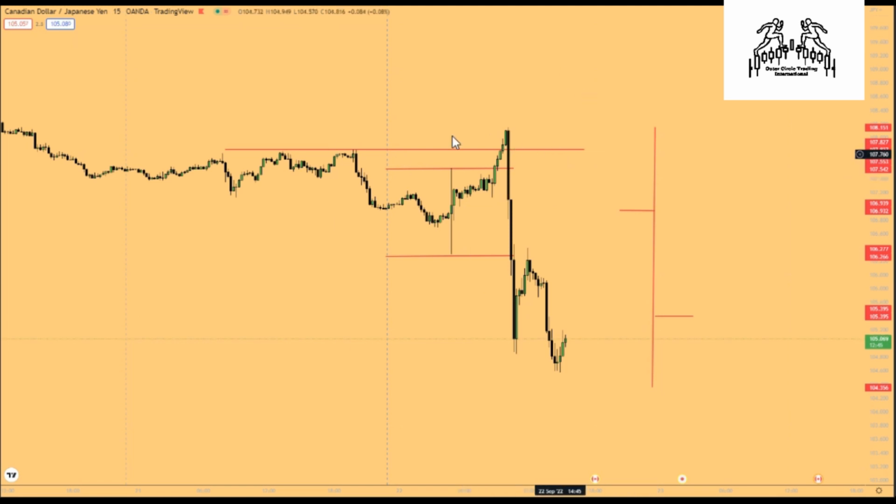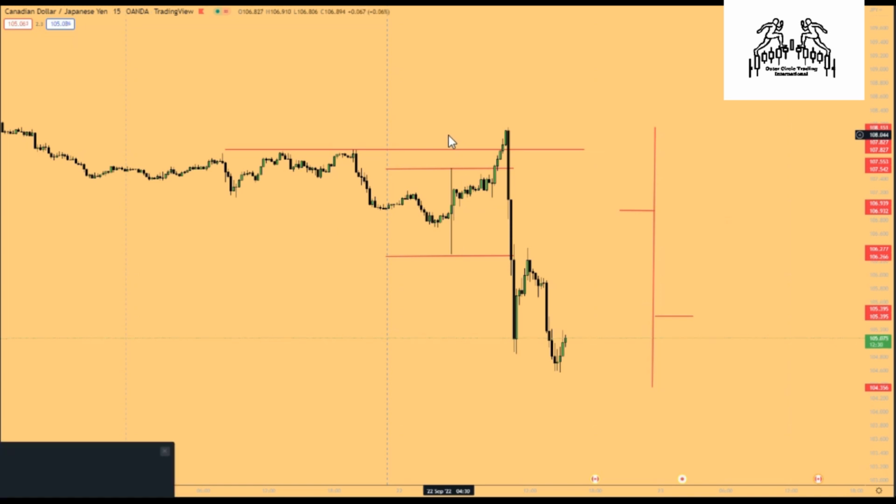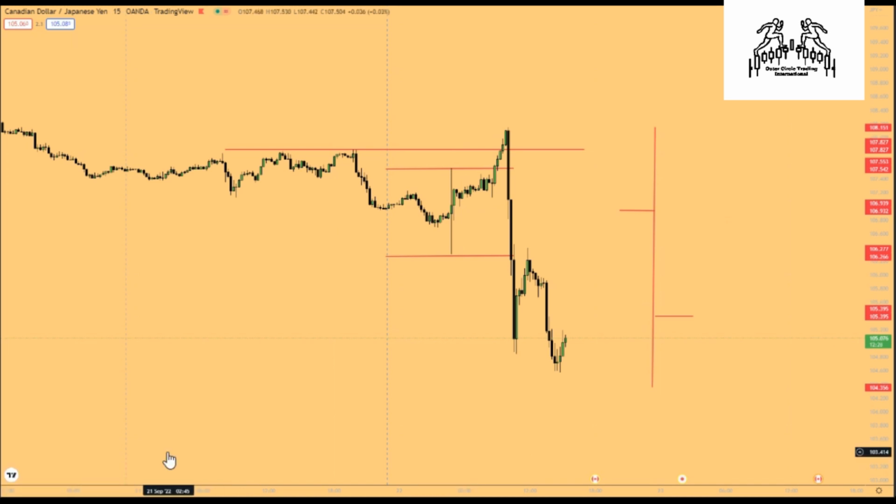I hope you will give yourself time to study and understand this concept. It's a simple concept. It's very generic. It plays out almost every week, and mostly on your major pairs.